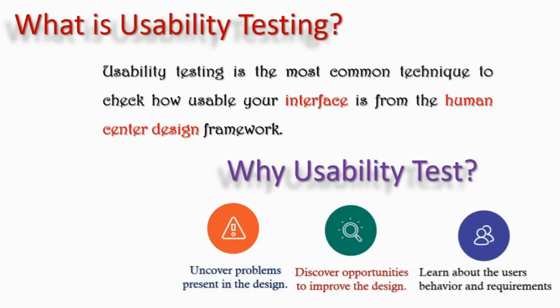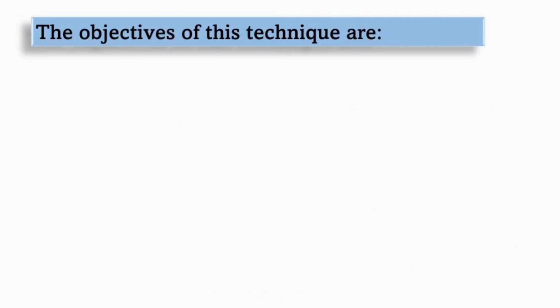Third, in usability testing you learn about user behavior, their pain points, and their requirements as well. So by usability testing you can uncover problems, discover opportunities, and learn about the user.